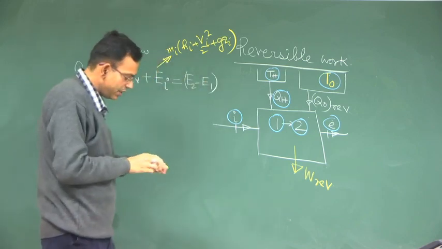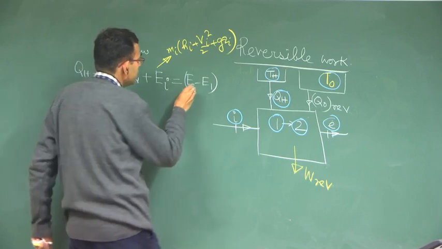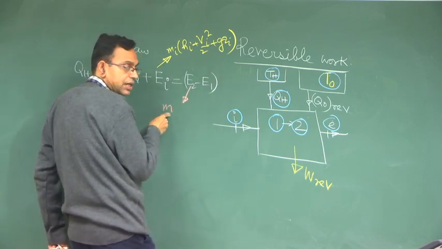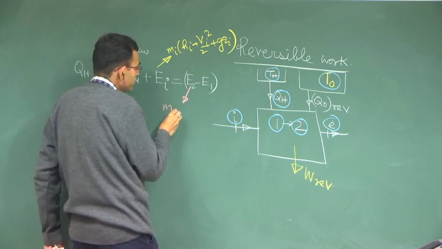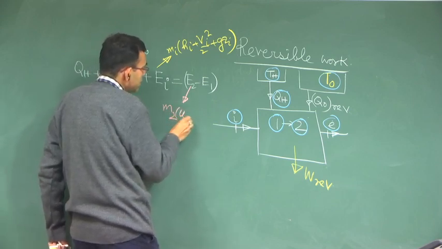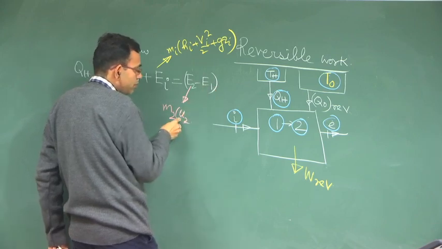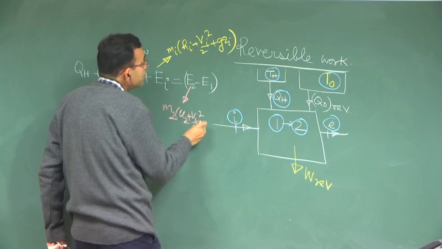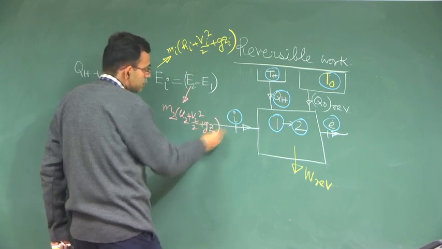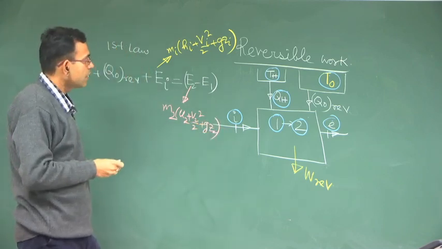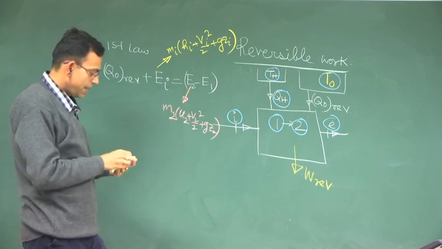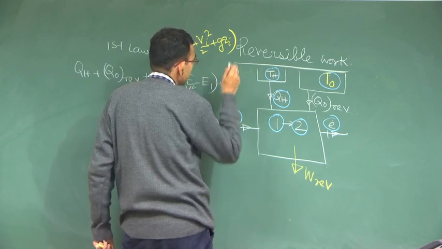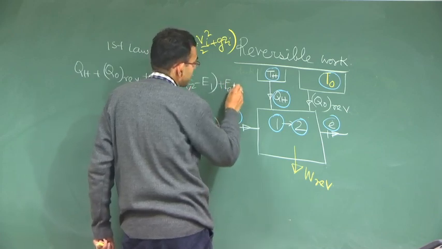Now, what is this E? I have not completed the equation yet, but I am writing the expression. This is M2, the energy of the control volume. So, it is internal energy and not enthalpy. Similarly, E1 plus EI plus EE plus W rev.